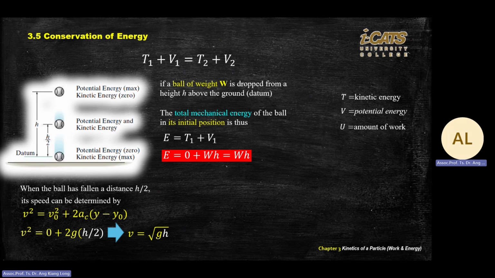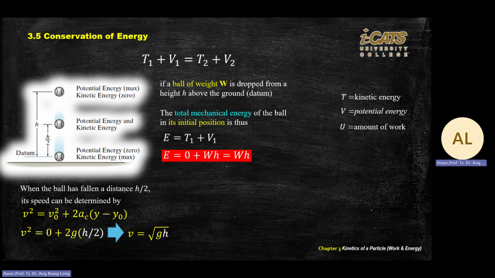If you know the velocity before and after, and you have a constant acceleration, in this case free fall, you have constant acceleration, which is 9.81. And the change of your s, in this case, is y, right? You rearrange and substitute. If the h is half, then you can derive the equation for the velocity.